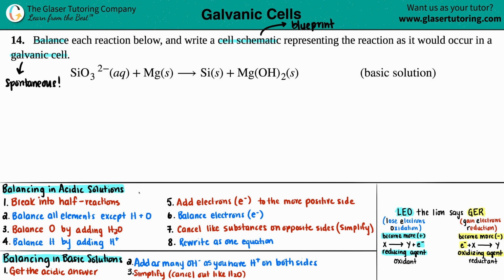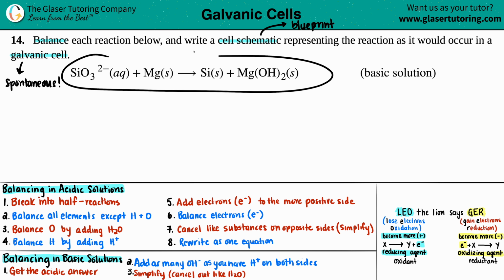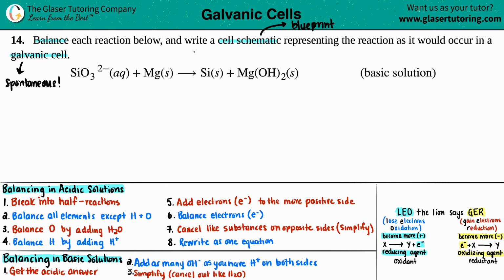Now, maybe you have done a lot of practice with acidic and basic solutions. I hope you have. But if not, these are the 8 steps for the acidic solution that if you memorize step 1, step 2, step 3, etc., they can throw you anything and you will get the question right. So let's go for it. The first step is we want to take that whole equation and break it into 2 half reactions.